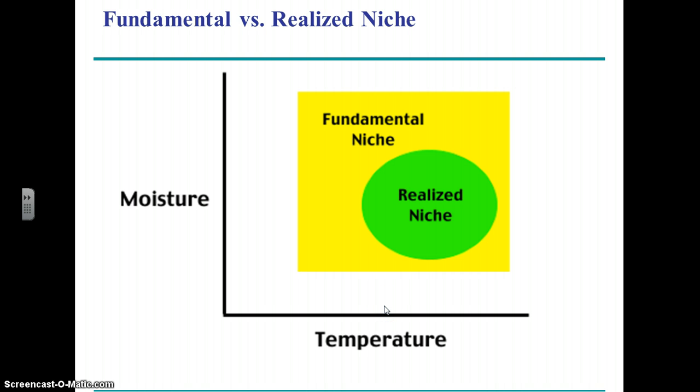So a species can have what's called the fundamental niche, which are the dimensions of that hyperspace where they can live in theory, but they often have a reduced realized niche that's smaller because of competition from other species. They don't quite occupy all the niche space they could potentially occupy.